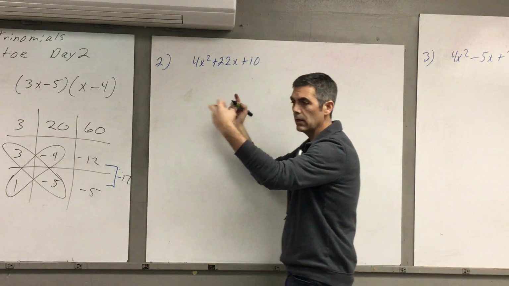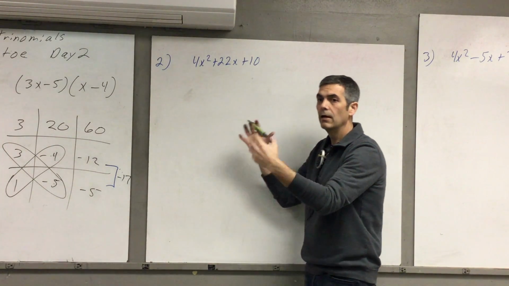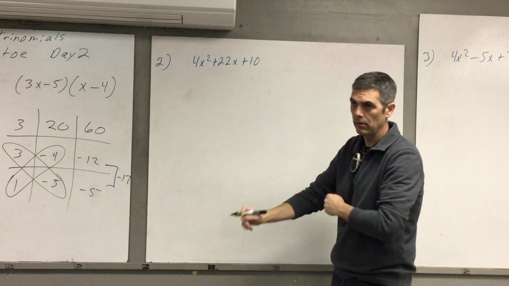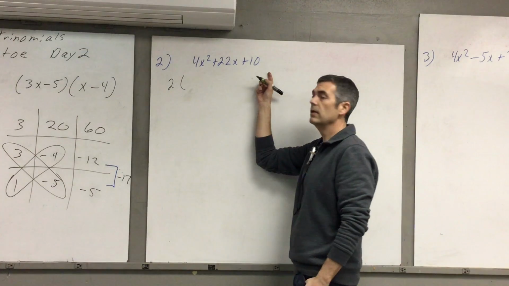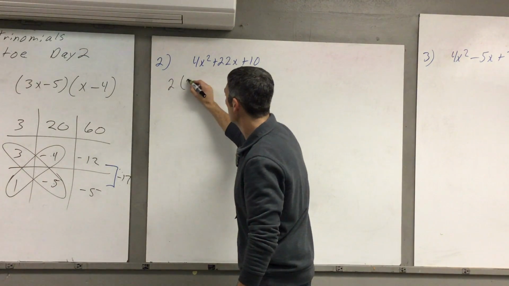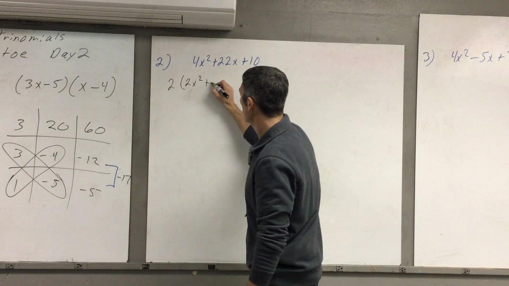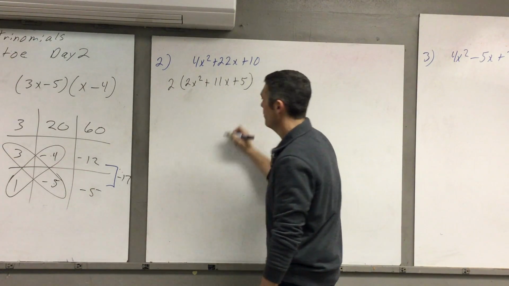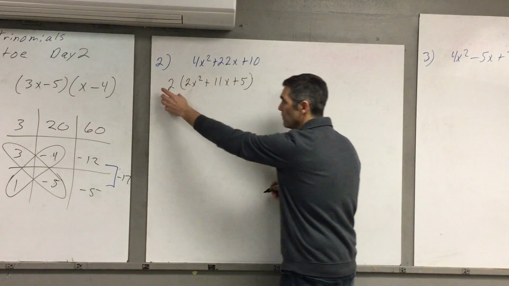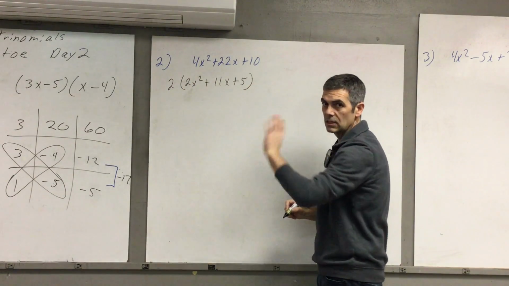You need to pull that greatest common factor out first, and then deal with your trinomial from there, okay? So we're going to take 2 out of this. So that leaves us with 2x squared plus 11x plus 5, okay? Now we're going to set this off to the side, and then we're going to deal with just this.